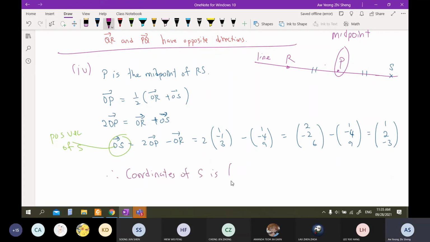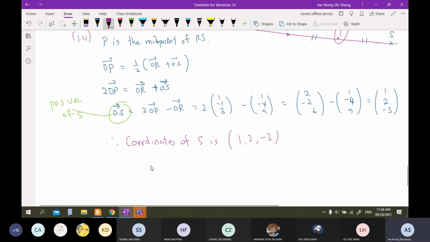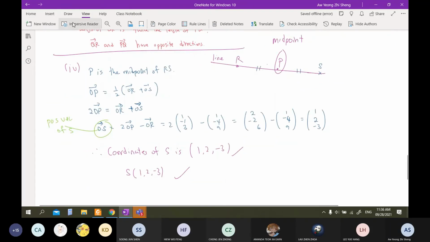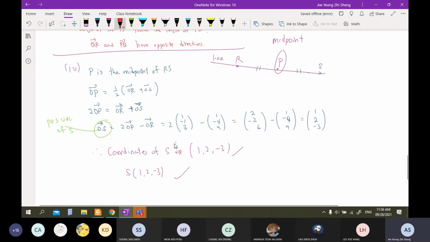Coordinates of S is (1, 2, minus 3). If you say S (1, 2, minus 3), it will also be understood as the coordinates of S. Either way. Technically, it should be R. Okay, yeah, but don't worry about grammar, because this is a math paper, not a language paper.